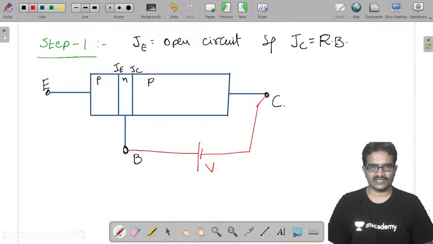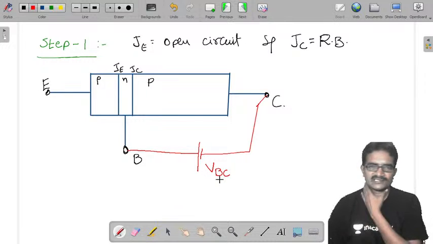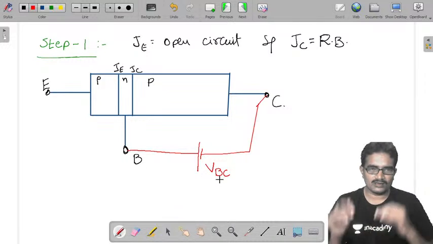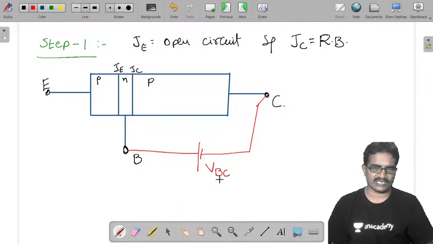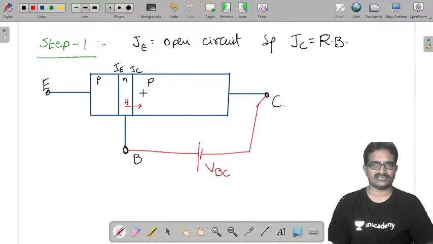This voltage is VBC. Once the junction is under reverse bias, I am expecting the movement of minority charge carriers. Here the minority charge carriers are holes, which are available in the N region. Holes will move this side, and in the P region the minority charge carriers are electrons. Electrons will move this side.